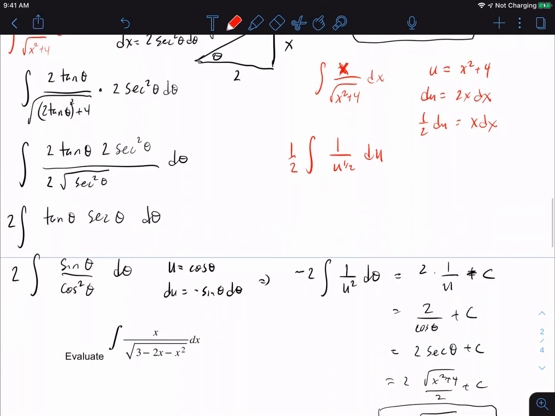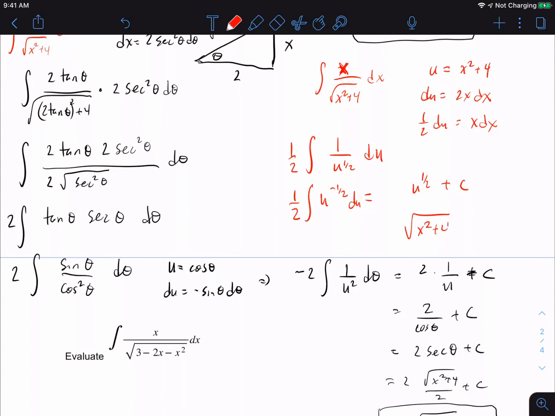Did I get that right? That's going to be 1 half u to the negative 1 half power. When I integrate that du, I'm going to get u to the 1 half power, multiplying by the reciprocal gets rid of the 1 half, plus some constant c. What was my u?